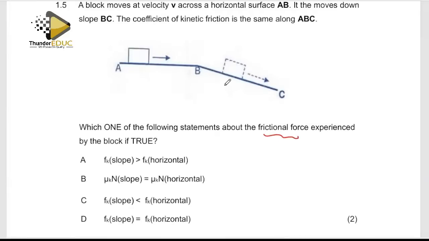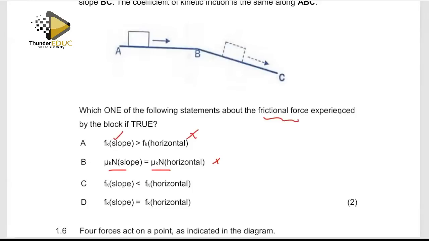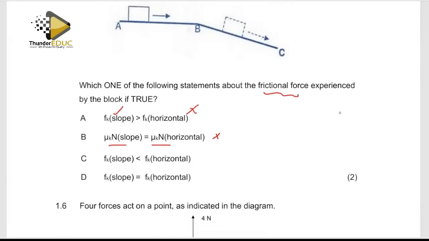The kinetic frictional force on the slope will be greater? Nope. Equal to the horizontal? Nope, the force cannot be the same because with the slope, you're dealing with just the component of the normal force. The kinetic frictional force on the slope will be smaller than that. This is very correct. This is wrong. So option C makes more sense.